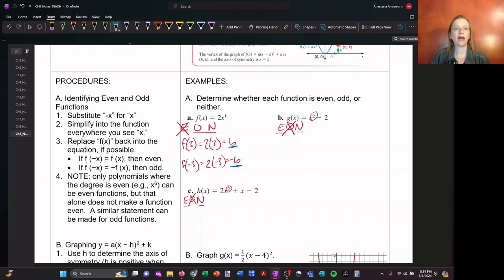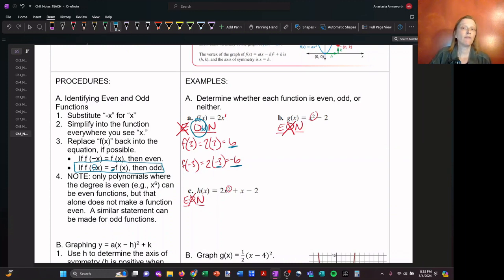And so what I have in this example is that when I plug in the negative value of x, I get an answer with the opposite sign of when I plugged in the positive value. So this is in fact an odd function based off of this test.